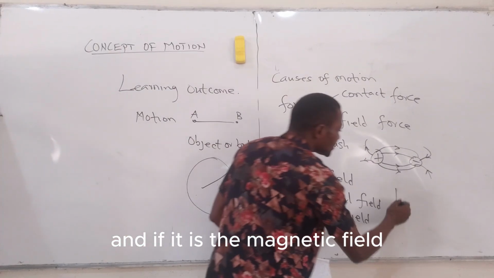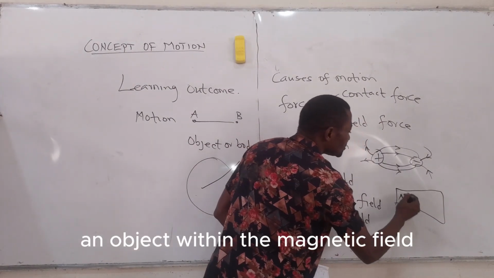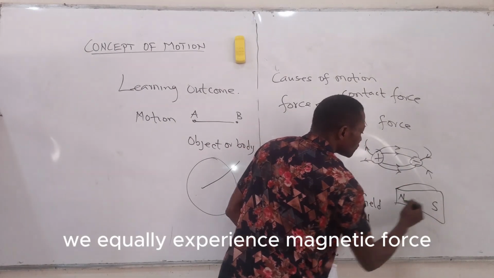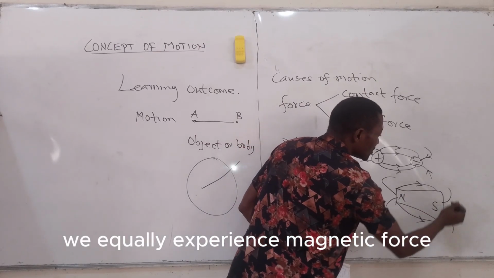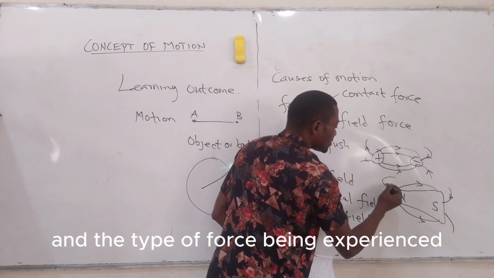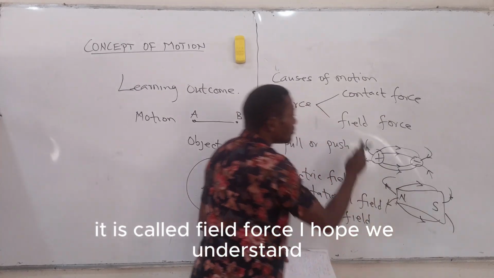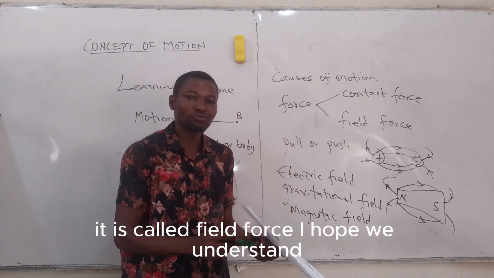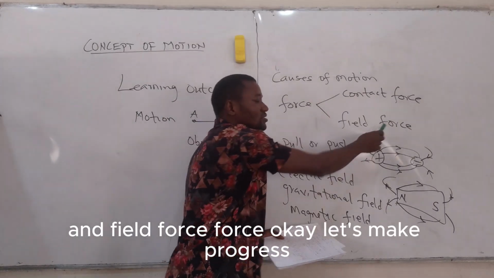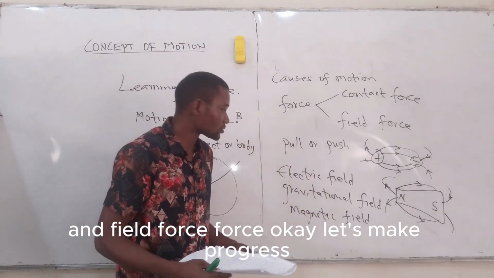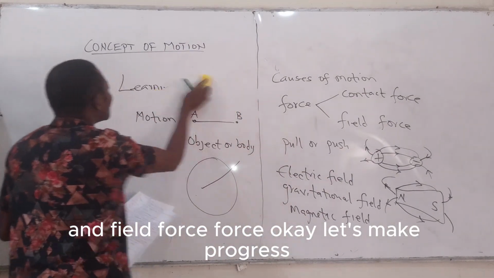And if it is the magnetic field, an object within the magnetic field will equally experience magnetic force. And the type of force being experienced is called field force. I hope we understand the difference between contact force and field force. Okay, let's make progress.